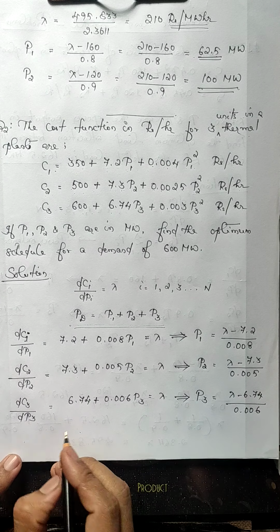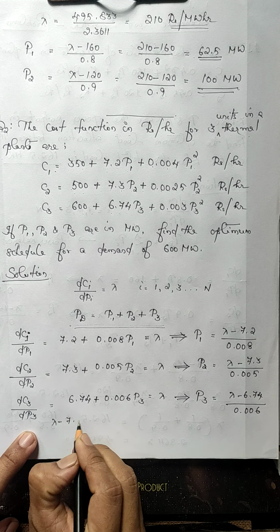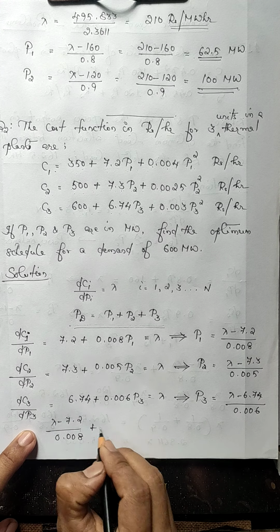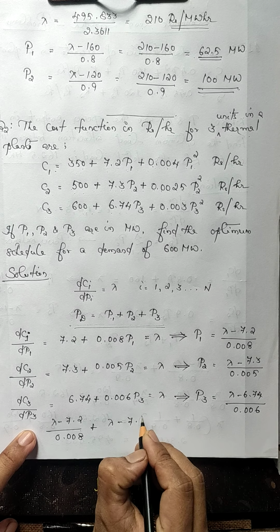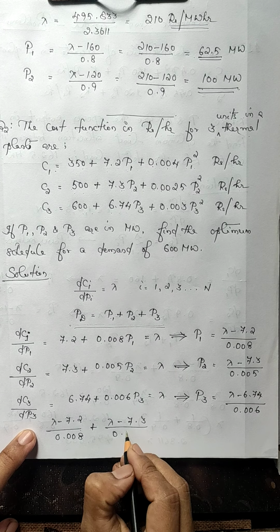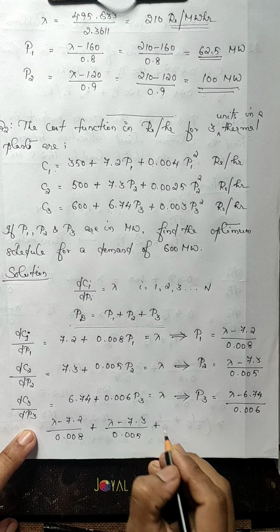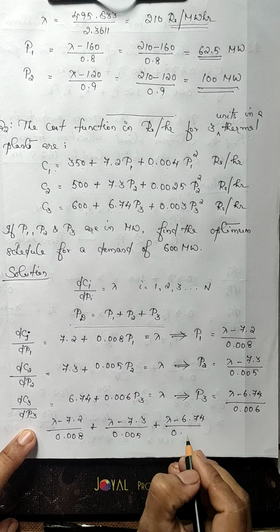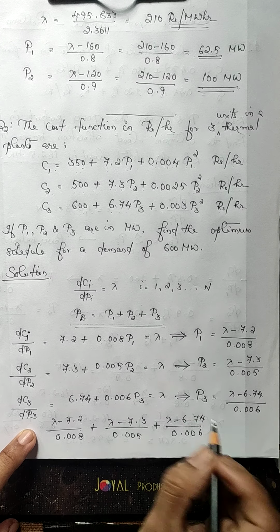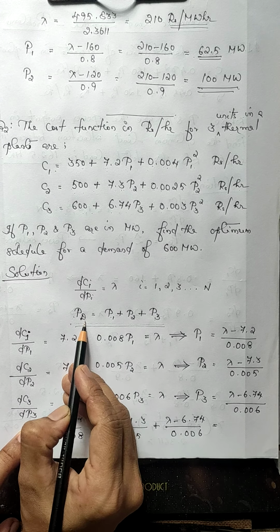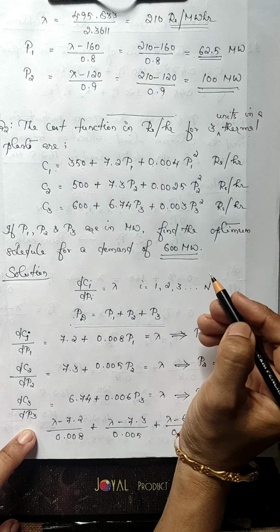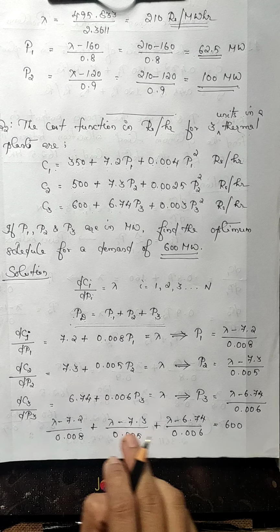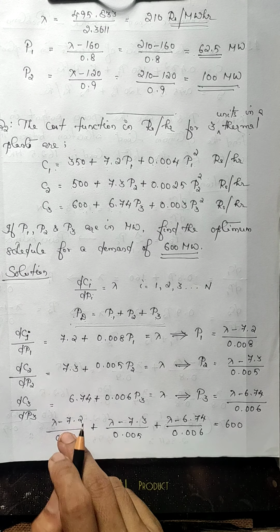So P1 is lambda minus 7.2 divided by 0.008 plus lambda minus 7.3 divided by 0.005 plus lambda minus 6.74 divided by 0.006, which is equal to total load demand PD. So here total load demand is 600. So this is equal to 600. So now solve this equation and calculate the value of lambda.